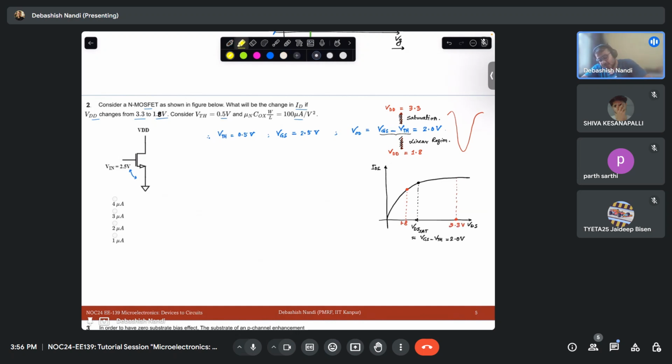The 1.8 volt point will give me a current, let's say I2, and the 3.3 volt point will give me a current of I1.